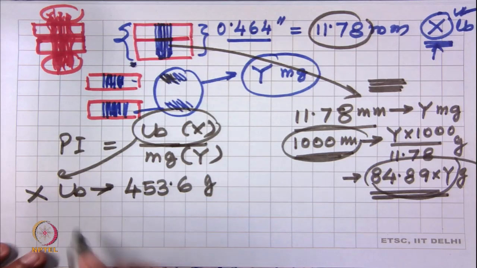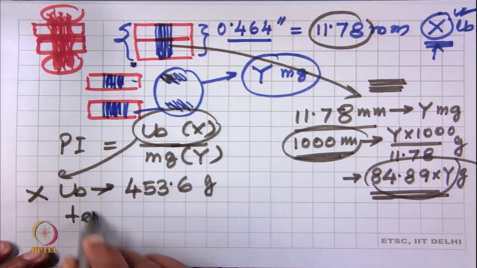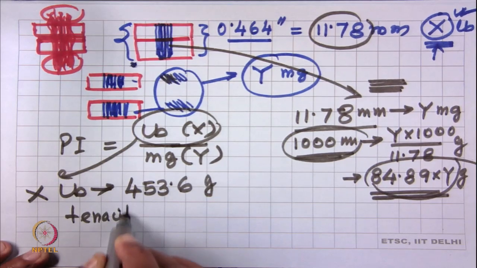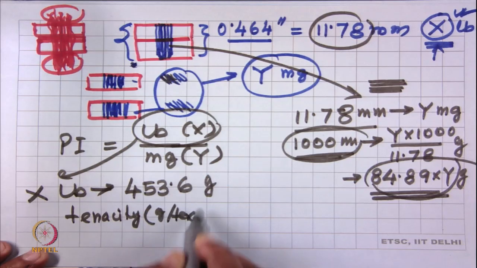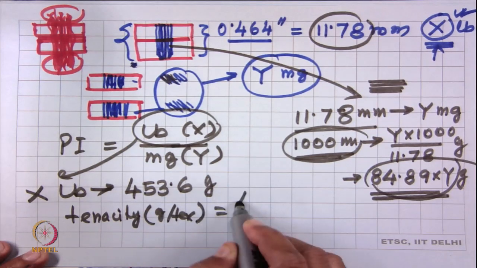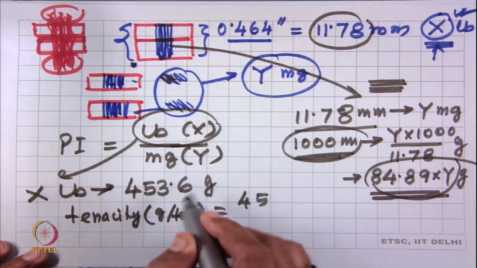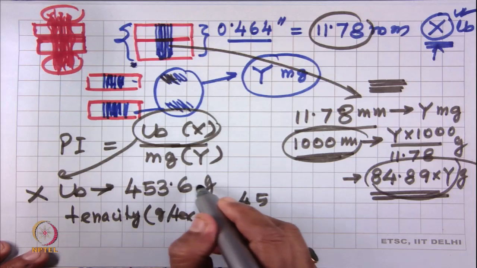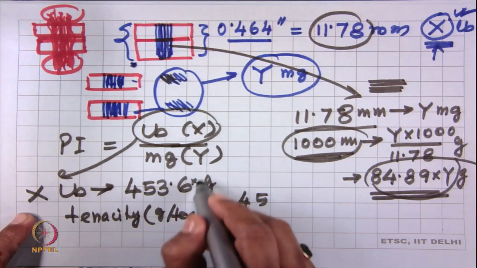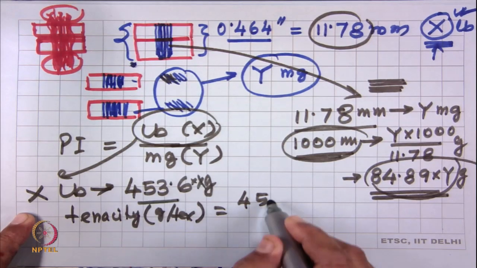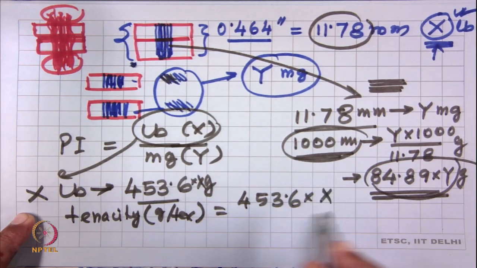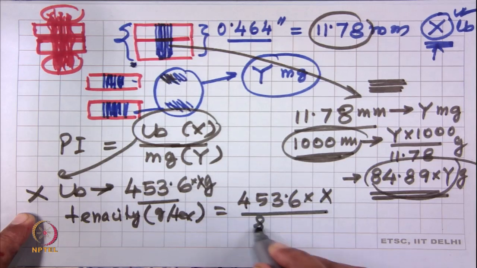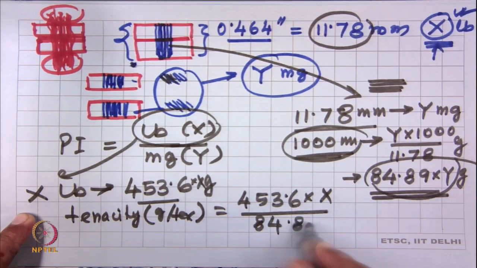And now, the tenacity in gram per tex will be 453.6 multiplied by x, divided by 84.89 multiplied by y.